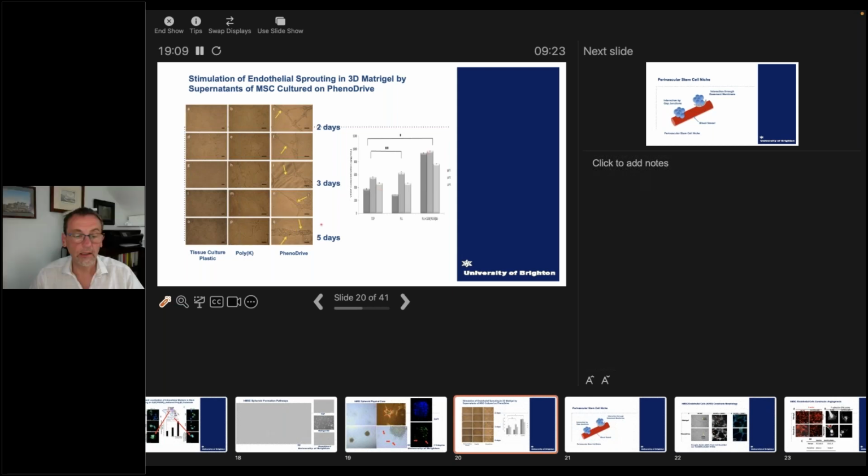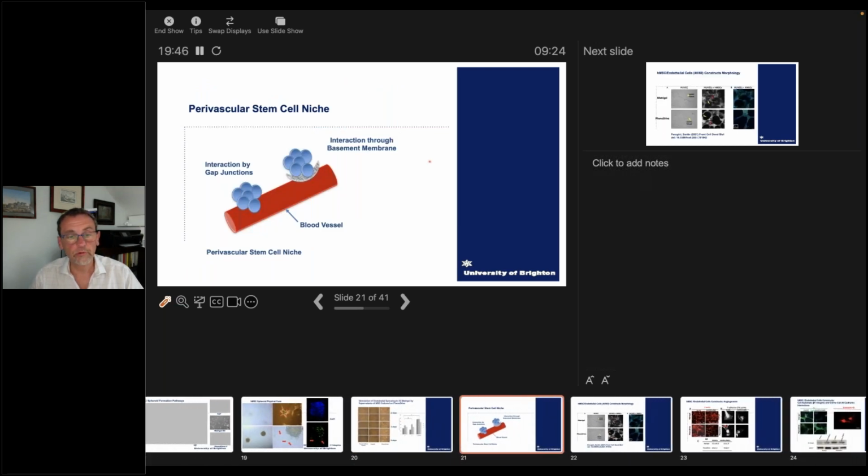As you can see, in the case of supernatants coming from the spheroids compared to supernatants coming from stem cells growing on tissue culture plastic and polylysine, you can see how more structured angiogenic tubules are formed by HUVEC, by umbilical endothelial cells. And we established that this was due to a higher production of vascular endothelial growth factor by the spheroids.